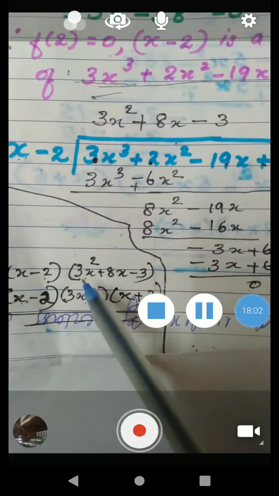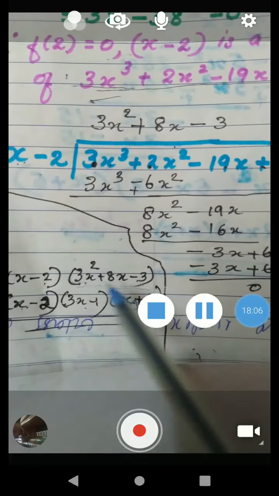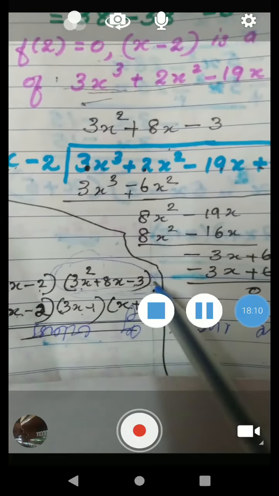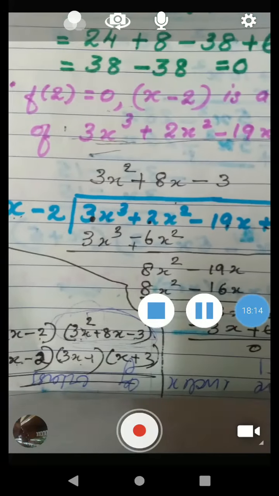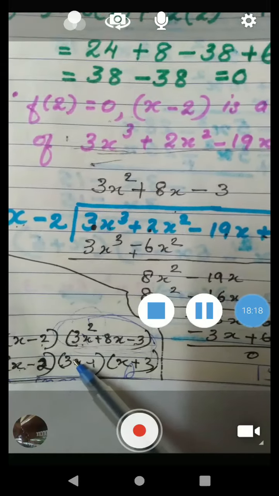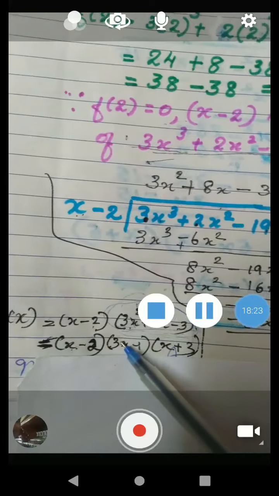Using product and sum, you can find the factors of this expression because it is a trinomial. Take it separately and find the factors. When you do, you will get two factors, which are 3x minus 1 and x plus 3. You can do it by yourself.